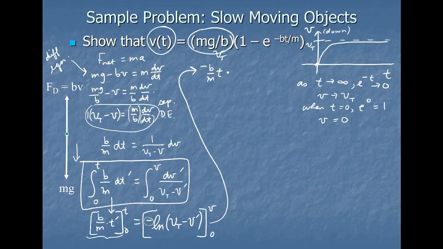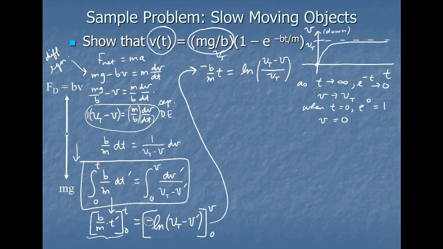So that on the right side, I'm just going to have the natural log of vt minus v prime evaluated from v to 0. Now to do that, we plug in when v prime is equal to v, and we would then subtract when v prime is equal to 0. But with natural logs, when you subtract, you can just divide like this.